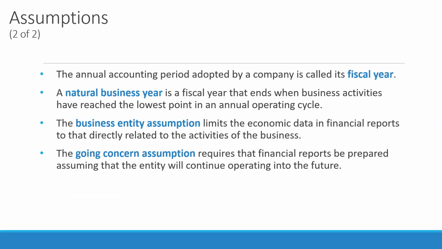The accounting period adopted by a company is the fiscal year. So a natural business year is when it ends at the lowest point of an operating cycle. I worked on some manufacturing clients, and some agriculture, and that was the most relevant one to this concept of a natural business year.